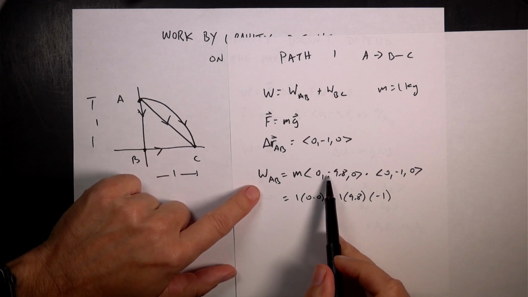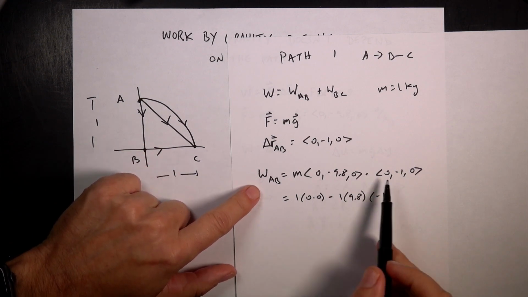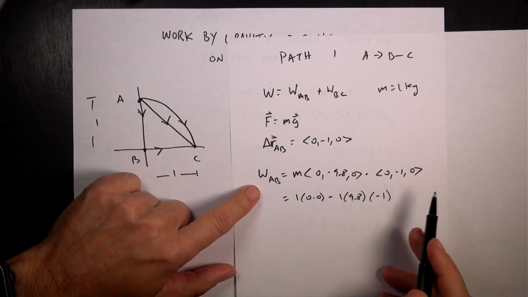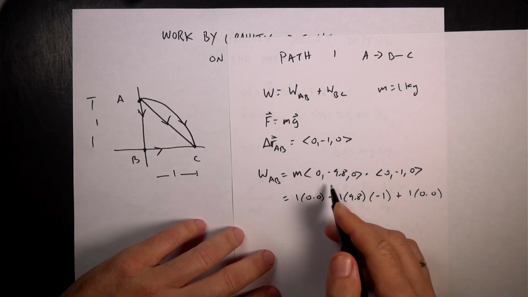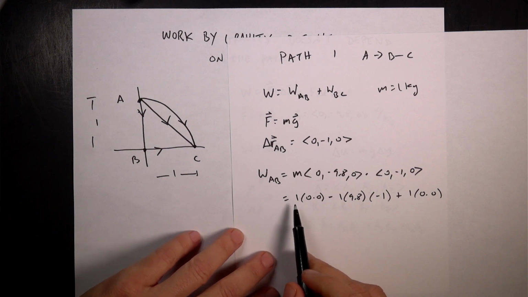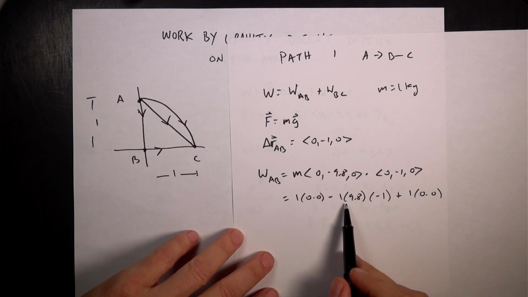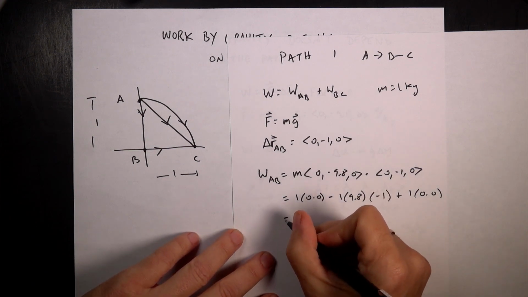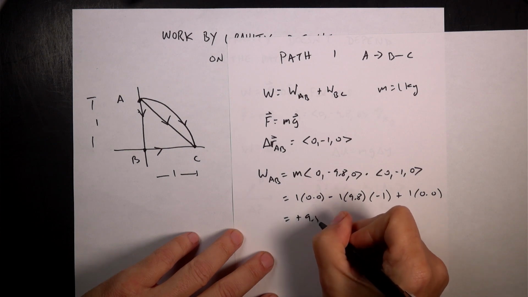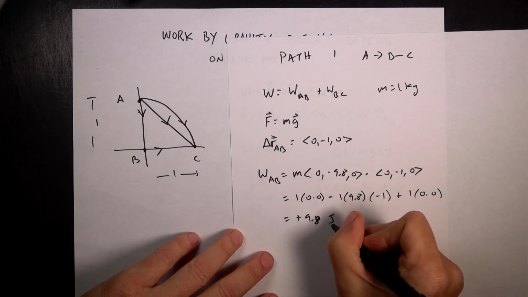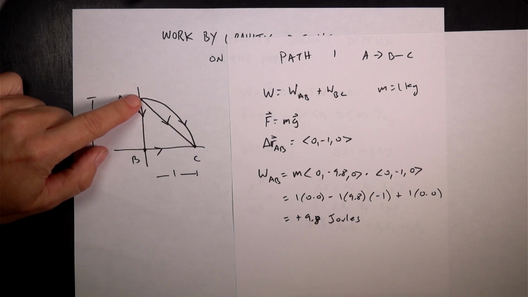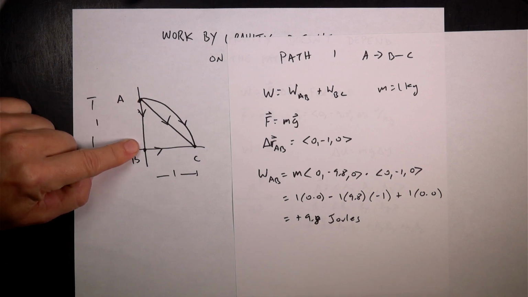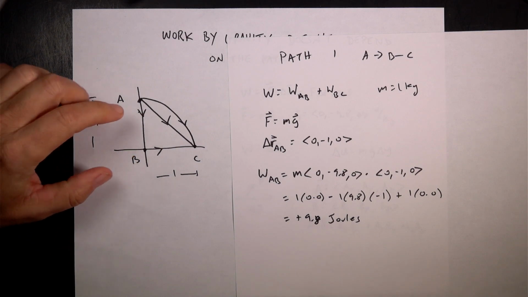Because there's a minus in the gravitational force and there's a minus in the direction. And then plus 1 times 0 times 0. So that's 0, and I get positive 9.8 joules. So in this case, the work done by gravity is positive because the force and the displacement are in the same direction. That's what you would expect.